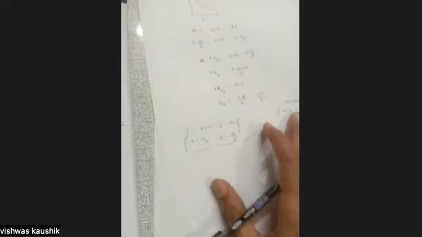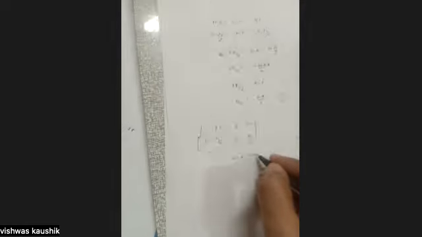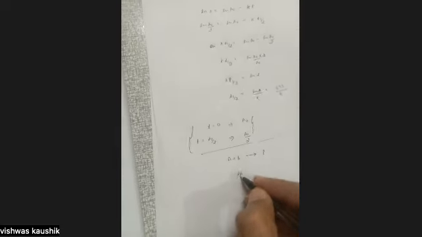A second order reaction is that type of reaction in which either we have two reactants and the order of each reactant is 1, or we have a single reactant whose order is 2. Both of these kinds of reactions are examples of second order reactions.